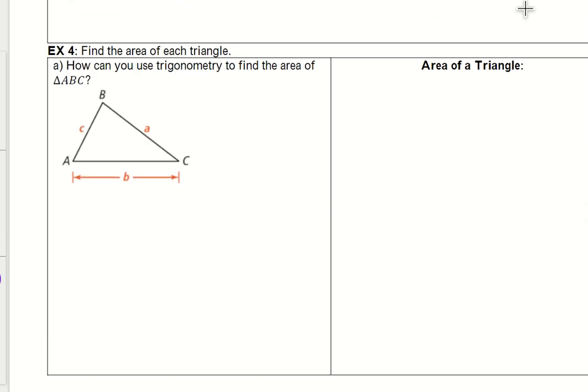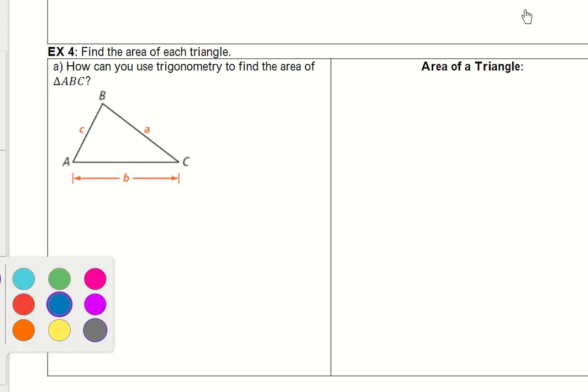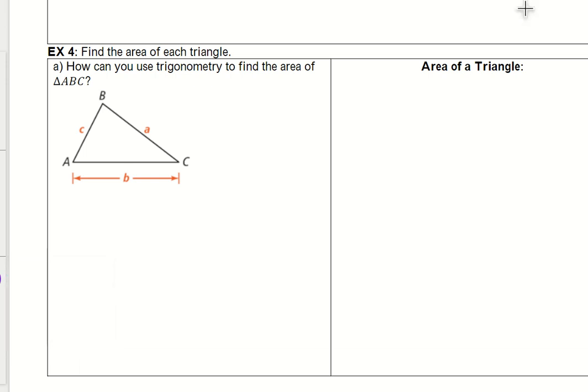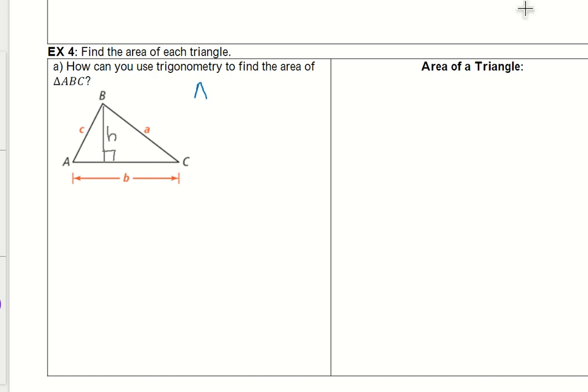And so this is going to go back to when we derived the law of sines formula. So remember that when we derived the law of sines formula, we drew this altitude in the triangle. So if I draw this altitude again, that's going to represent the height of the triangle, because we know that the area of a triangle is equal to 1/2 the base times the height.